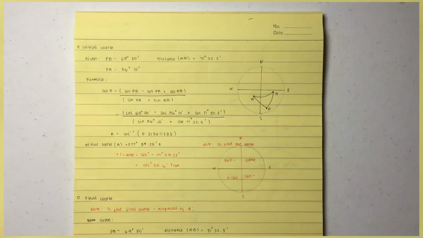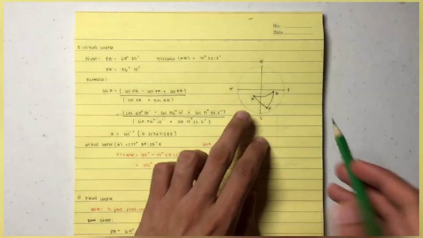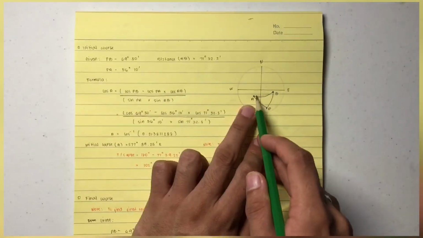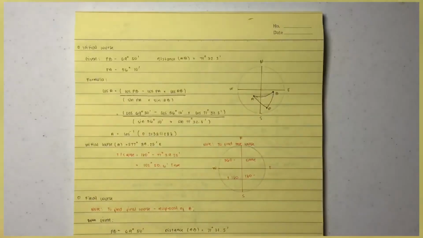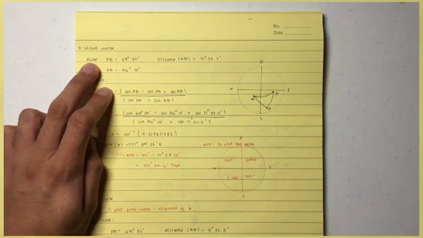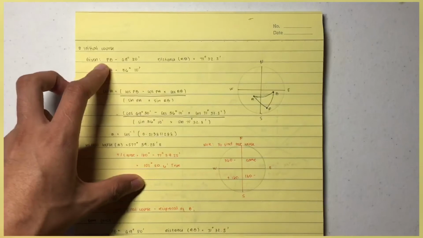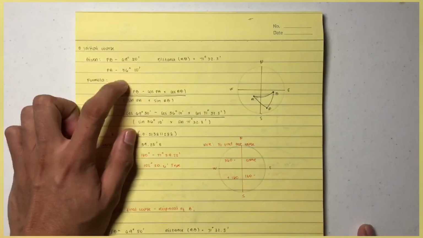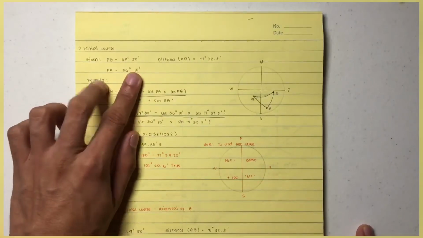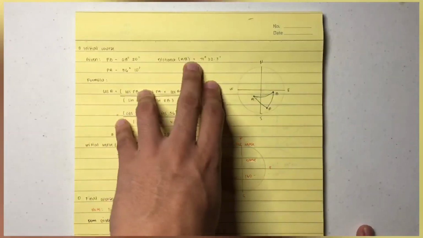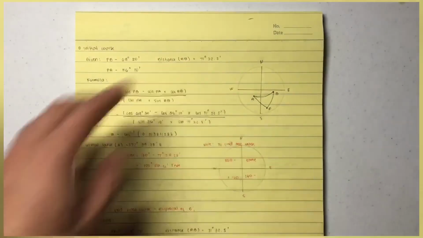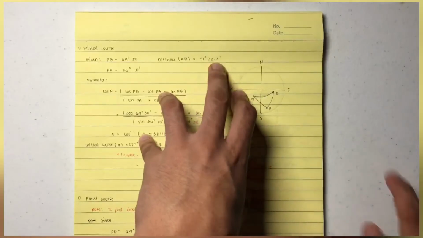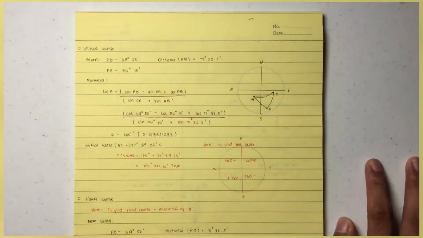Now, to solve for the initial course, which is the course between point A to point B, this angle here, we need to write the givens to be guided. We have solved earlier that PB is 69 degrees 50 minutes and PA is 56 degrees 10 minutes, and the distance AB, which we have already solved, is 71 degrees 32.5 minutes.